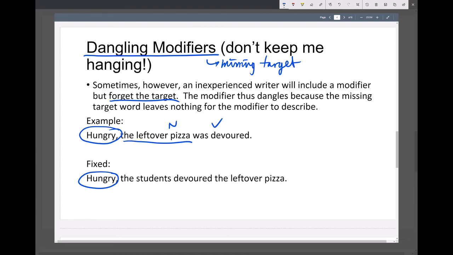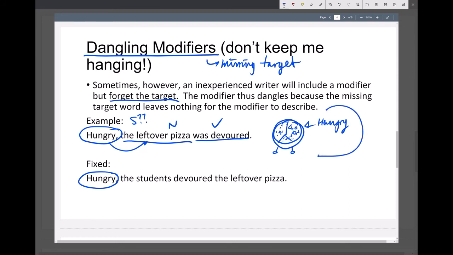However, we don't know, we have no subject, first of all. We can assume it's a person, but it's not in the sentence. So hungry goes with the leftover pizza. So it would be like the pizza was hungry. And at the same time, somebody ate the pizza. Now to fix this, you add the target word.